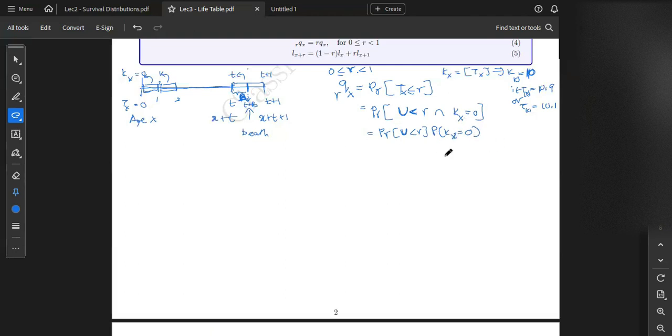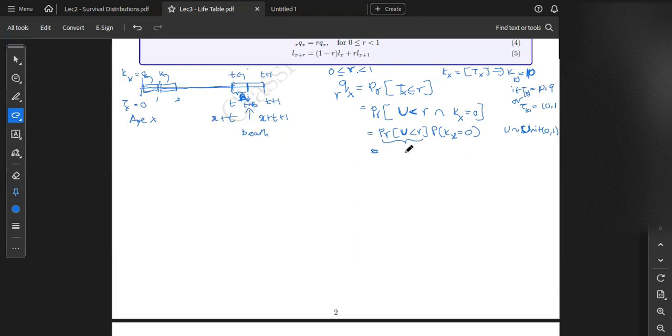We know this probability, and the probability of this one is coming from a uniform distribution. This U follows a uniform distribution between 0 and 1.